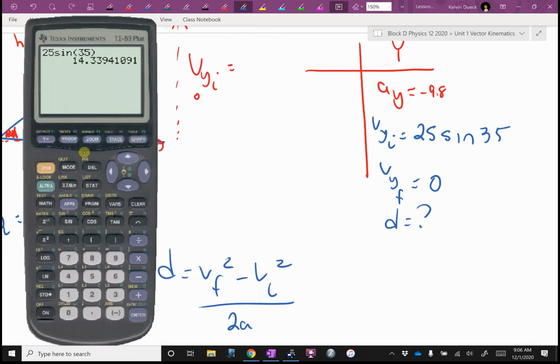And then when I type this in, it's going to be 0 squared minus answer button squared divided by bracket 2 times negative 9.8. I'm hoping for a positive answer because I think I am above from where I started. Is the answer 10.5? 10.5 meters.